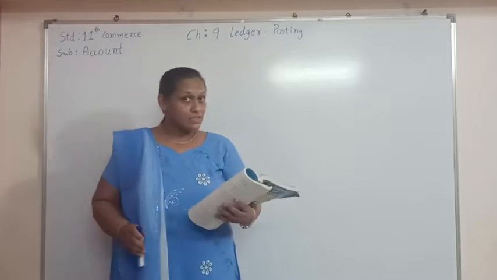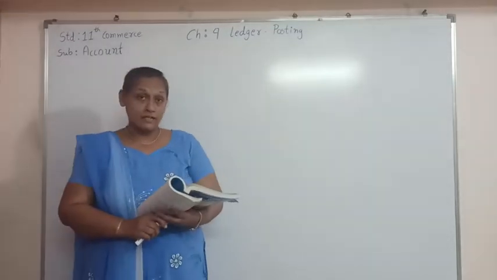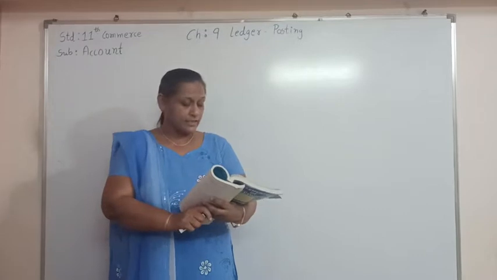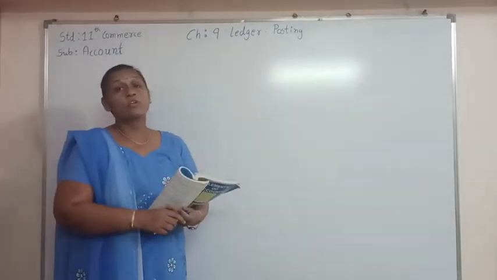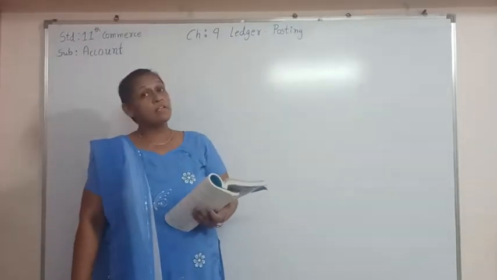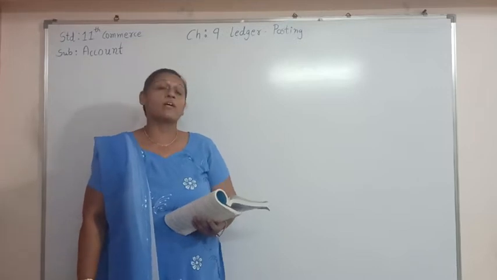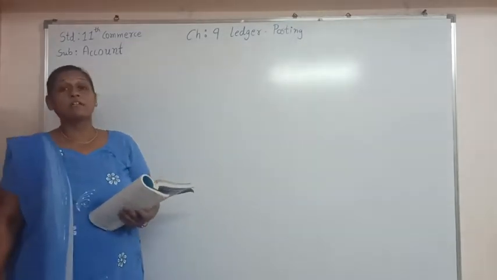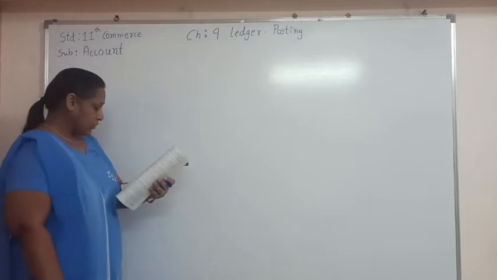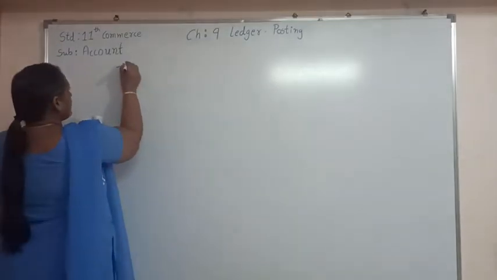Now let's see the utility of ledger. Very first utility is the capital ratio. So from the ledger only we can find out the capital ratio and how capital is utilized in the business, that we can come to know.